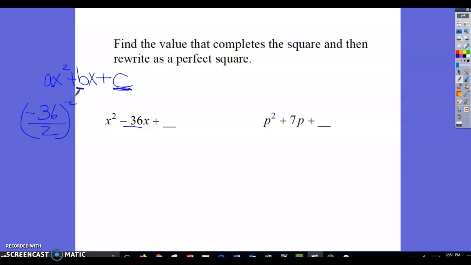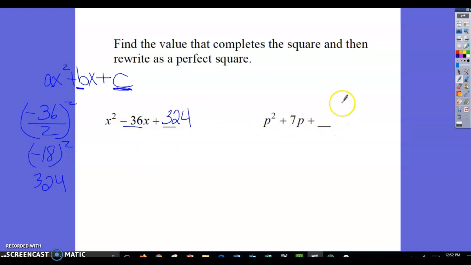If you half negative 36, you get negative 18. And if you square negative 18, you get 324. So 324 is what goes here. We're going to take the middle term, our b term, half it and then square it.